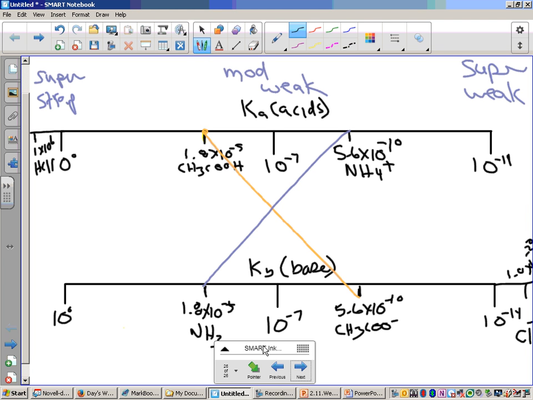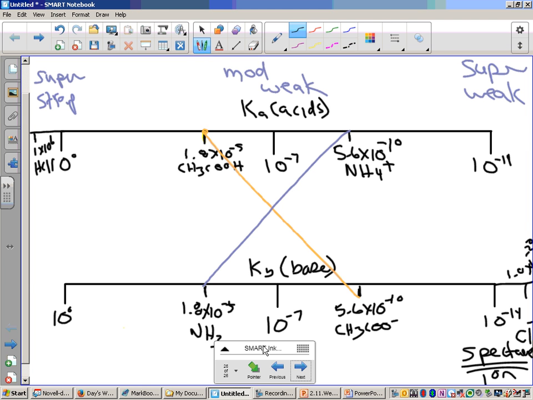Spectator ions. These guys down here are spectators. The chloride ion in water technically is a super weak base, but it's so weak it doesn't do anything. It doesn't play the game.